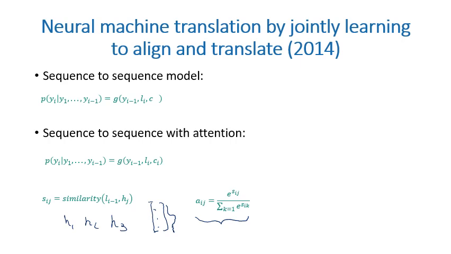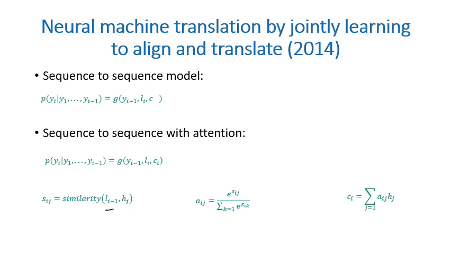It gives me basically some sort of probability. They're all positive and they sum to 1, right? Okay. Now, I'm going to use this A as a coefficient for the Hj's. So basically, it tells me how important Hj was to predict Yi, which depends on Li minus 1.